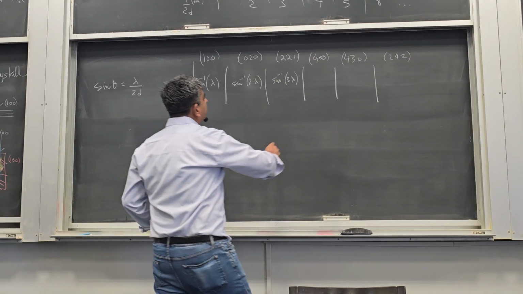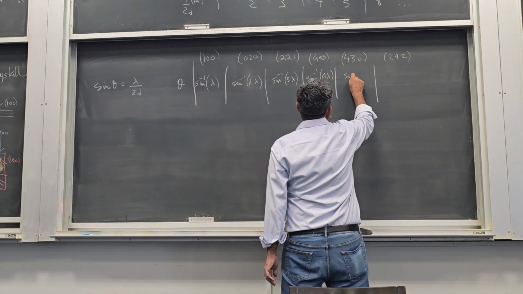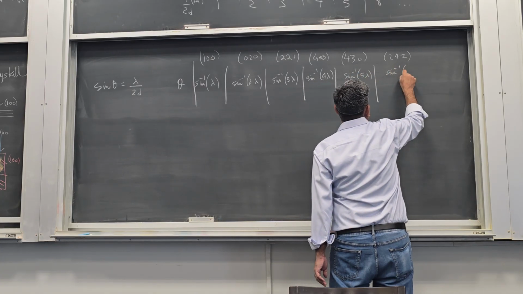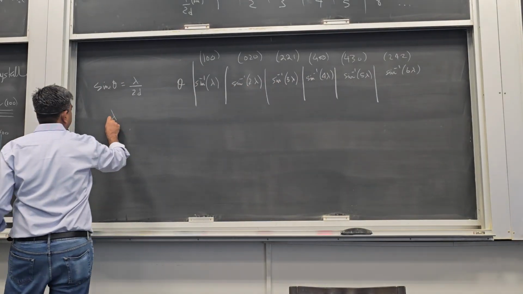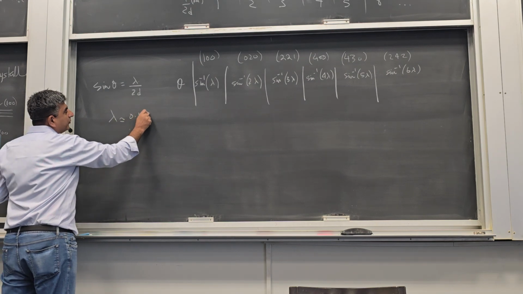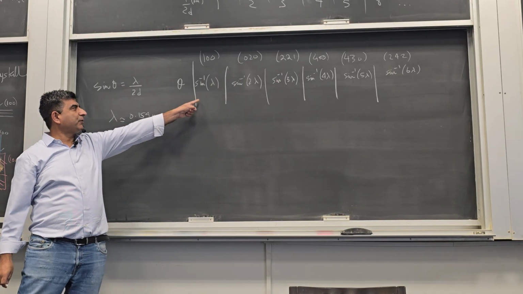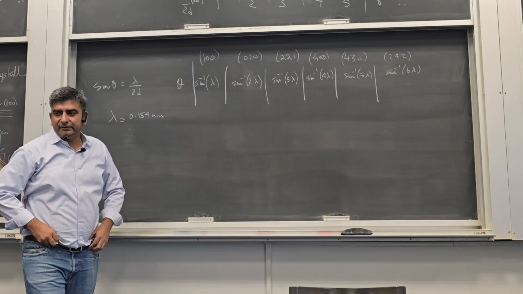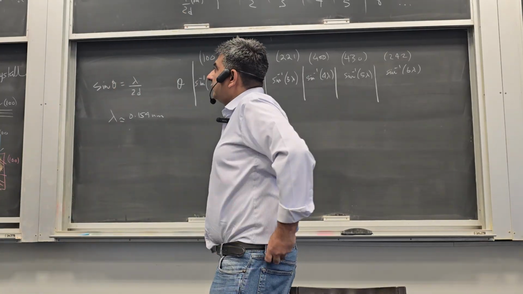Sine inverse of 4 lambda, 5 lambda, 6 lambda. If my lambda is from the copper K alpha, this is 0.154 nanometers. So if I take sine inverse of 0.154, can you indicate what this theta is going to be in degrees? Can anyone fill up this table for me, please?